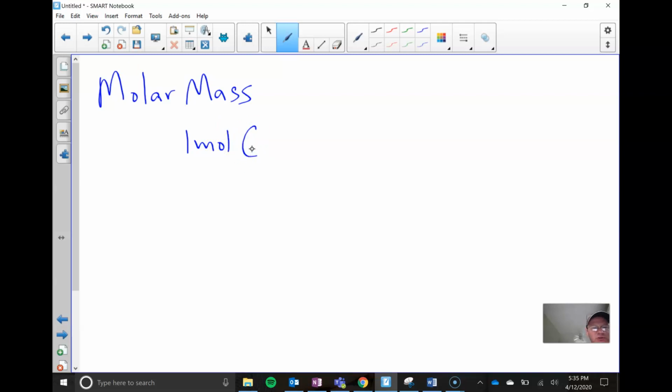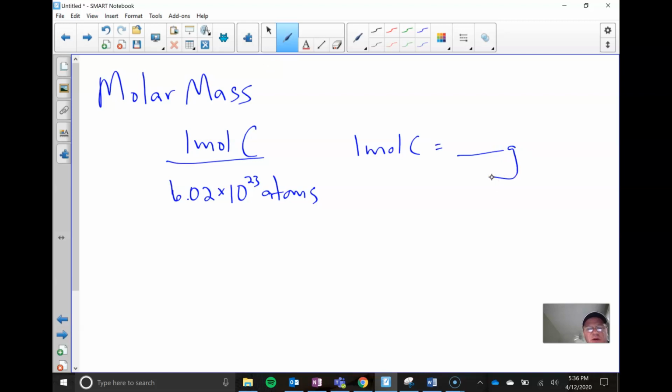Now, as we just talked about, that 1 mole of carbon is equal to Avogadro's number of atoms. Well, what if I wanted to know, instead of atoms, in terms of mass? What if I wanted to know, okay, 1 mole of carbon equals how many grams?